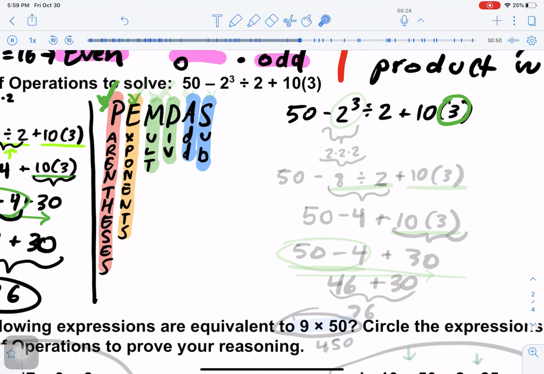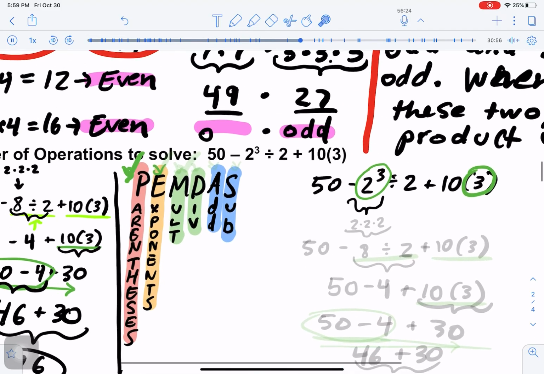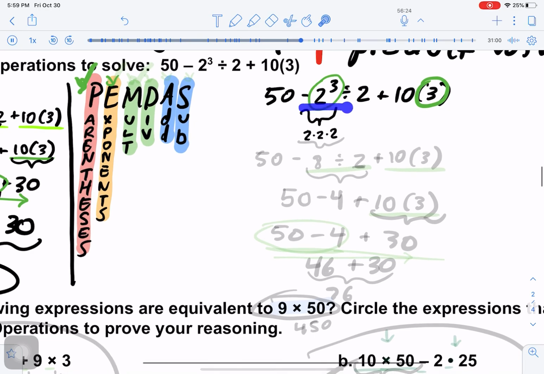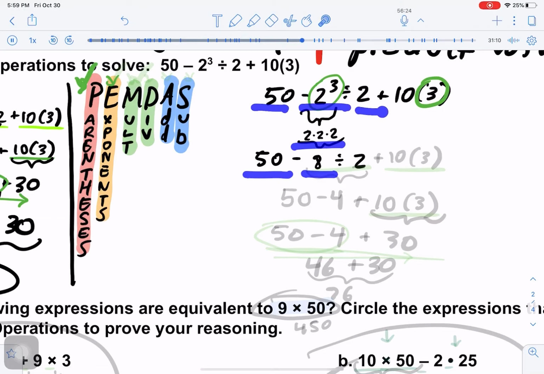I see that I have exponents right there. I'm going to solve for this. I know that 2 cubed is 2 times 2 times 2, which is simply, like we previously said, 8. So we'll rewrite the rest of this. 50 minus 8 divided by 2 plus 10 times 3. I see that there are no more exponents, so I'm all done with the exponents now.